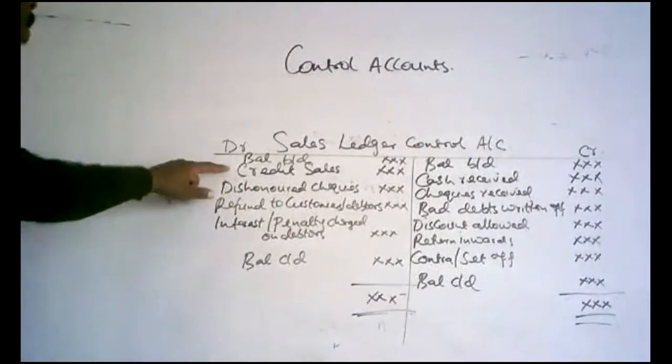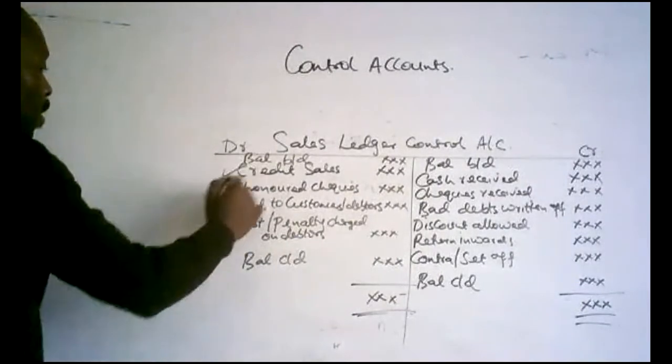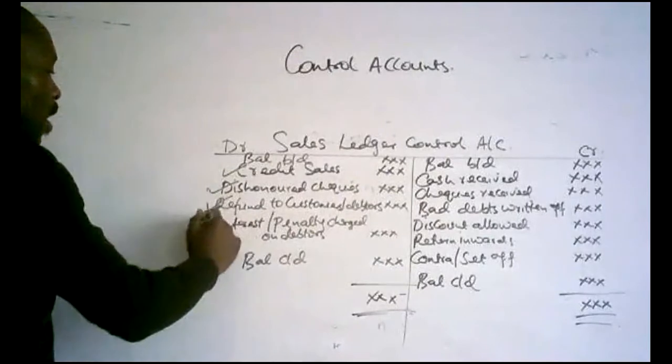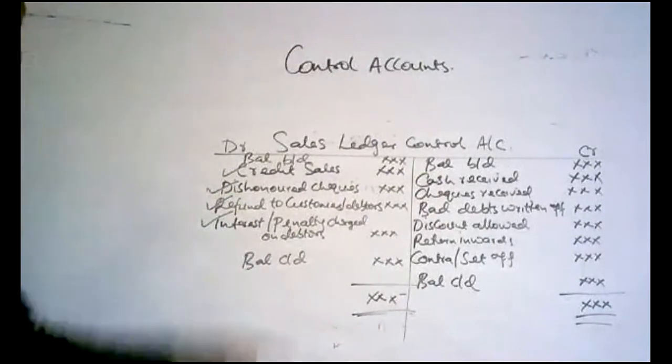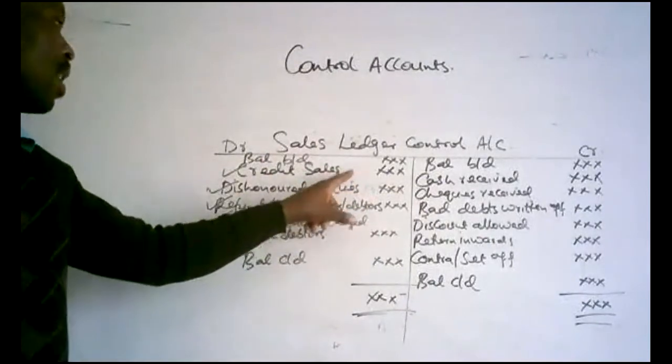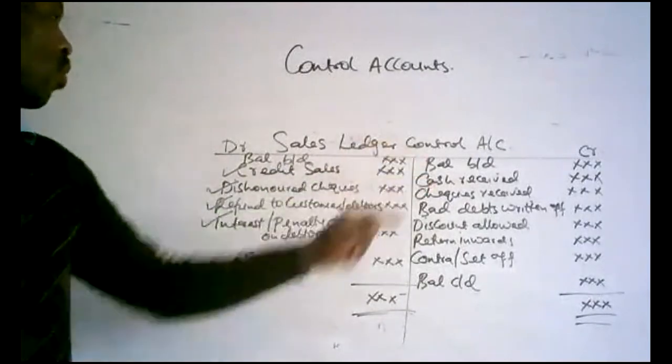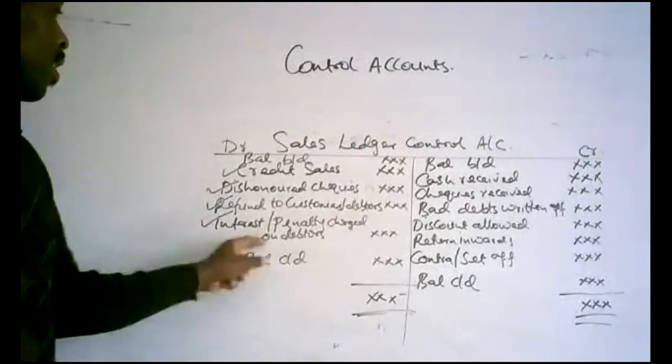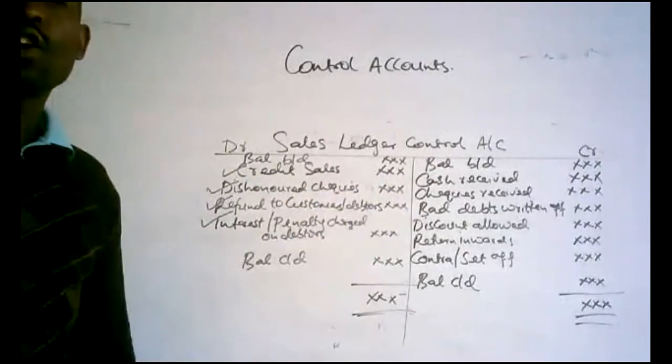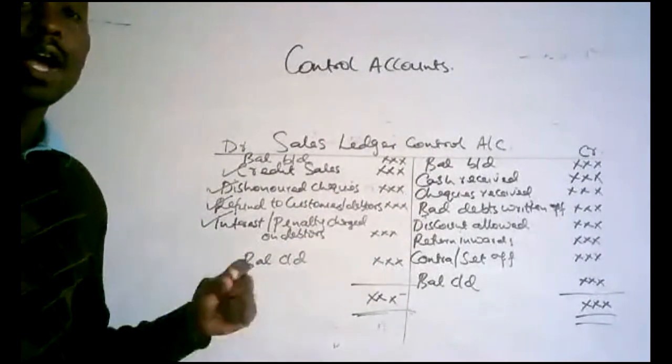These four items are the credit sales, the dishonored checks, refunds, and the interest or penalty to customers. Remember, it must be credit sales to customers, dishonored checks from customers, refunds to customers, and interest or penalty charged on customers' overdue accounts.